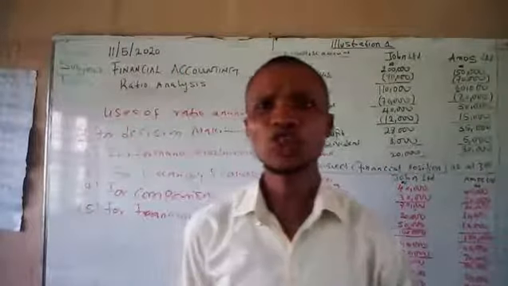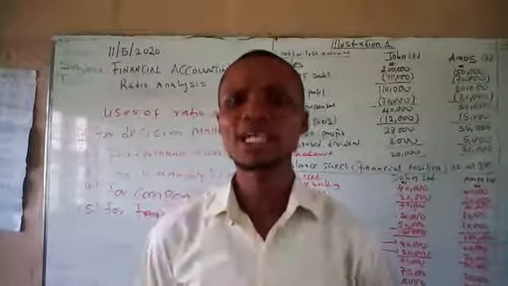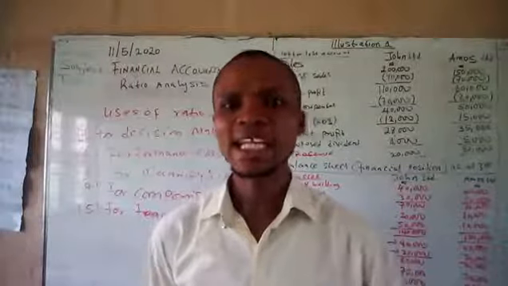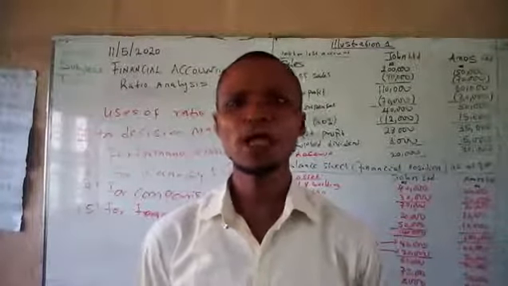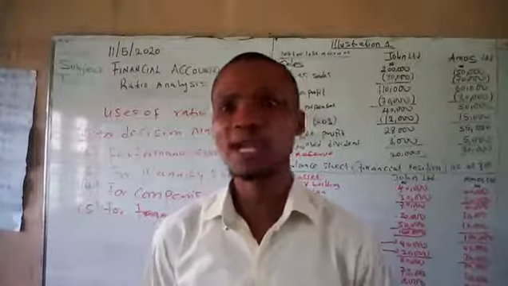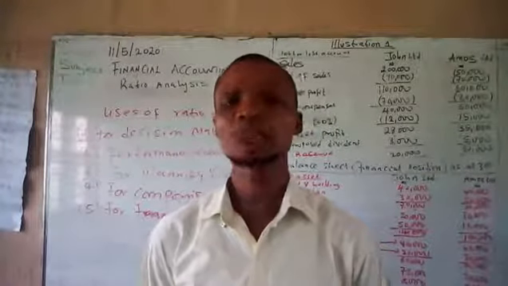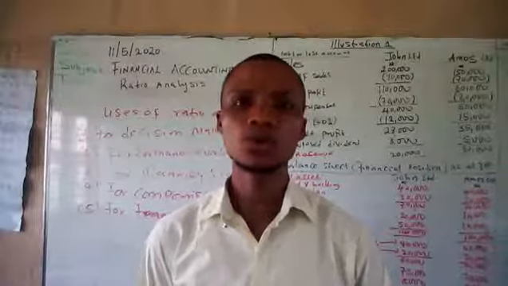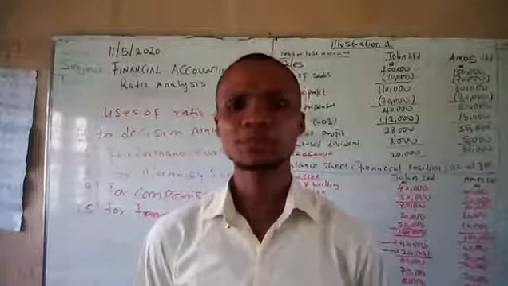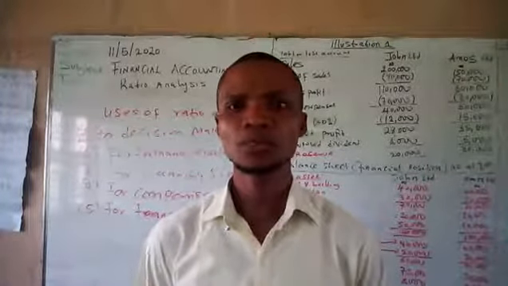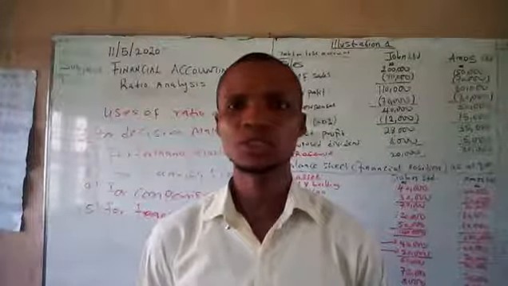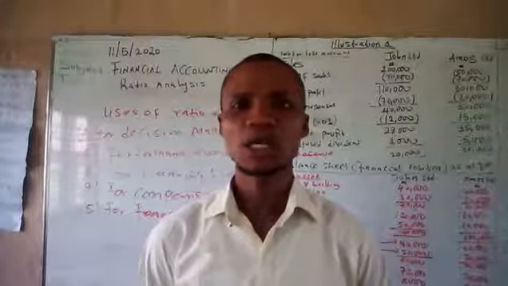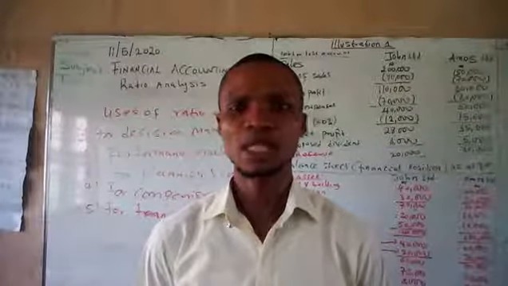Ratio analysis provides the necessary information needed for investment decision. As an investor, if you are to make an investment decision, what are the variables to look into? You can look into earnings per share, dividend per share, dividend cover, price earning ratio, dividend yield, earning yield, and so on.